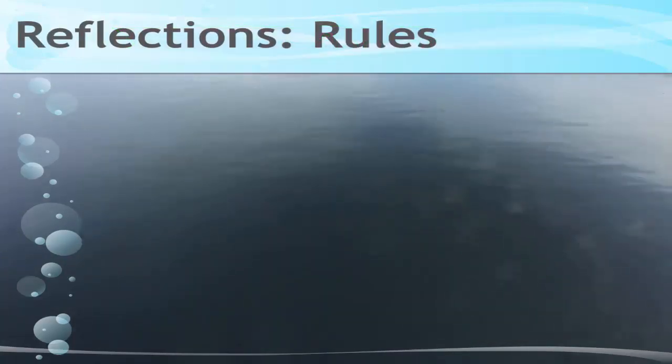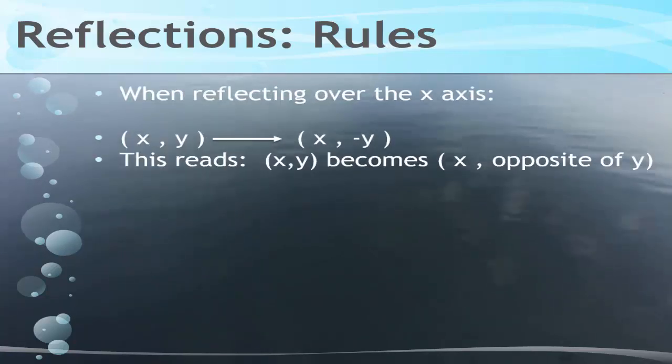There are 2 rules that we need to remember for reflections. The first rule, when reflecting over the x-axis, (x, y) becomes (x, negative y). And this reads like (x, y) becomes (x, the opposite of y).